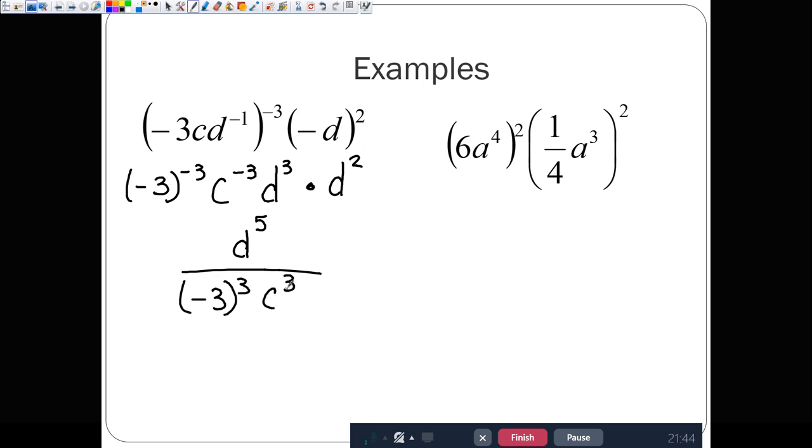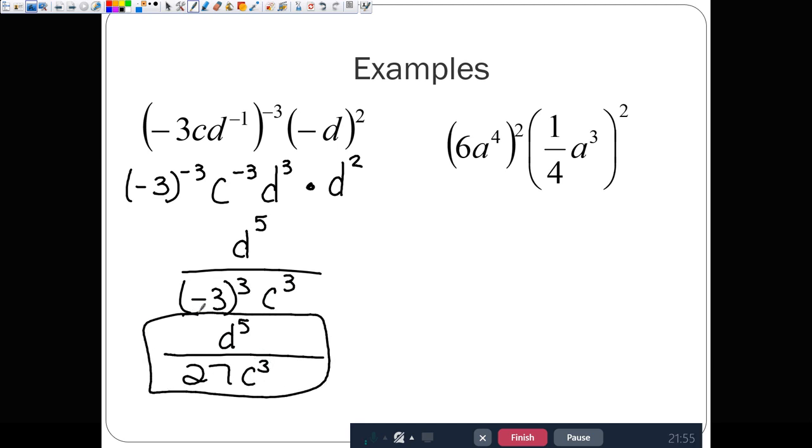Okay, and so what is 3 raised to the 3rd? 27. And I don't know what C is, so that's just going to be to the 3rd. So it should be negative, sorry, -27. Because of it being a -3.